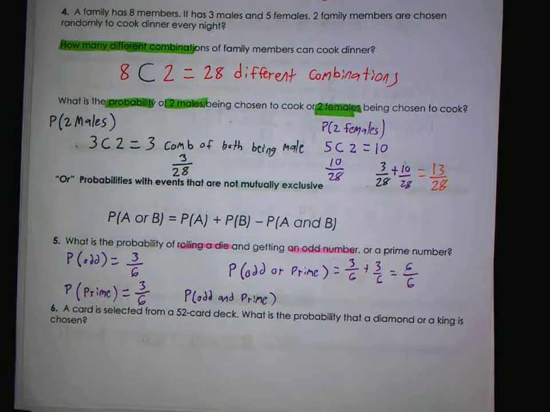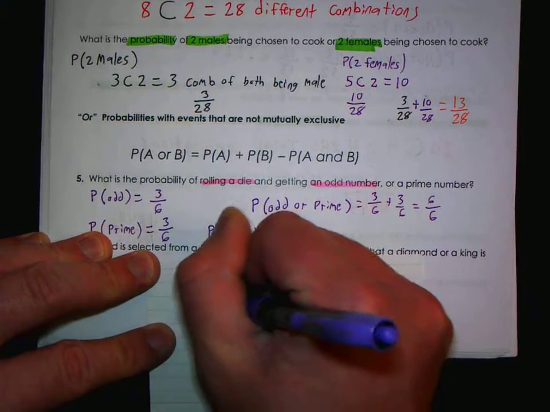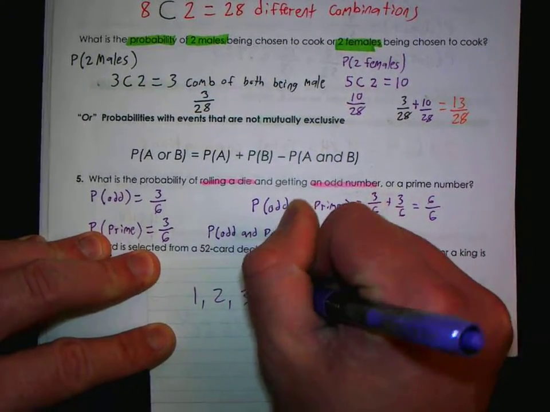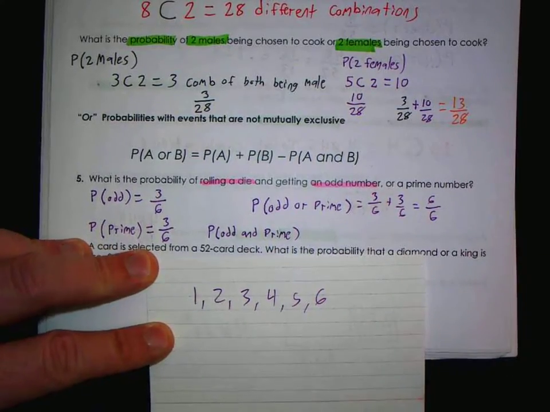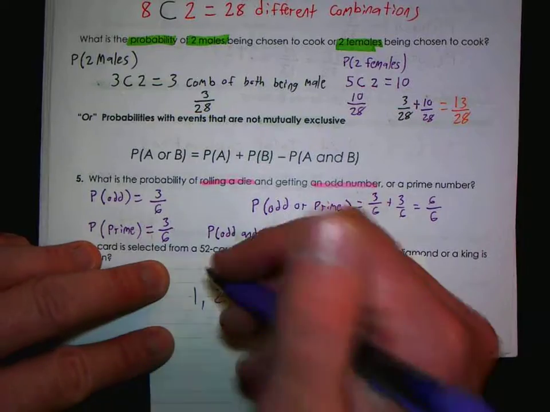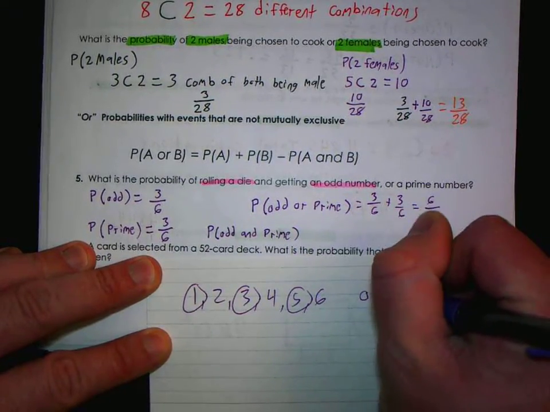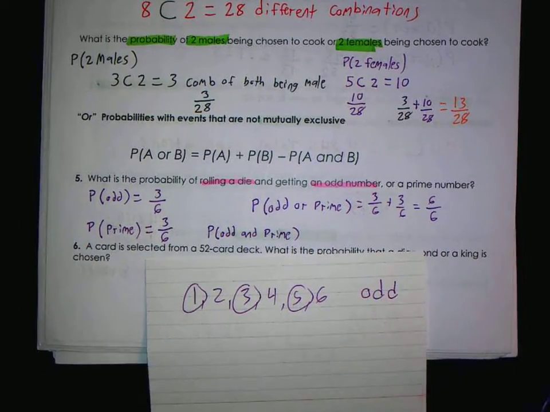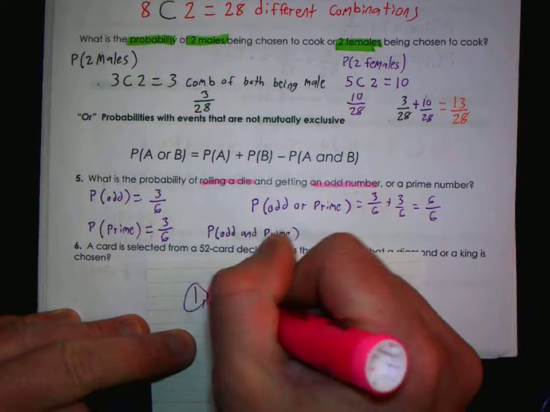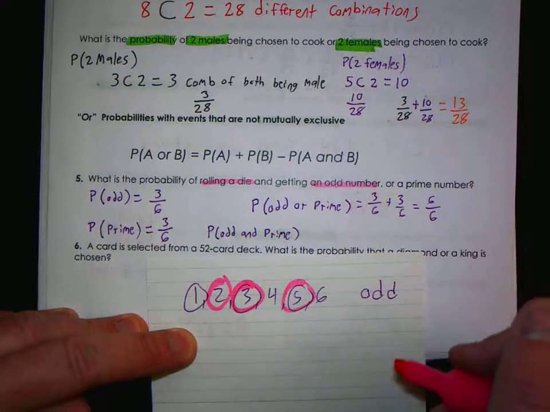How many numbers are both odd and prime? And I'm a visual person, so we have the number 1, 2, 3. So we say odd was these, right? Odd. And then we said prime was these. Right?